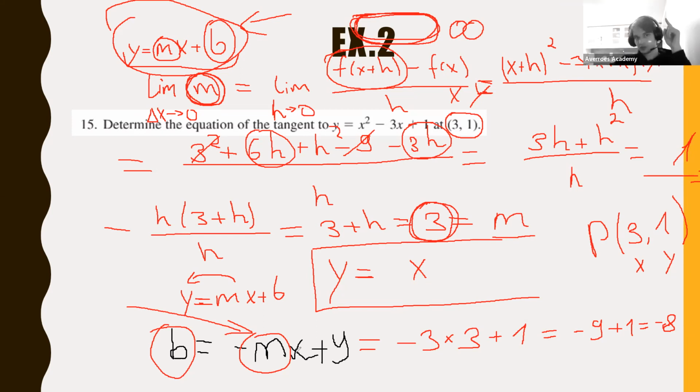Wait, no. It's a slope, sorry. Yeah, exactly. And b? And b is the y-intercept. So write me the formula for this specific line that has m equals 3 and b equals negative 8.